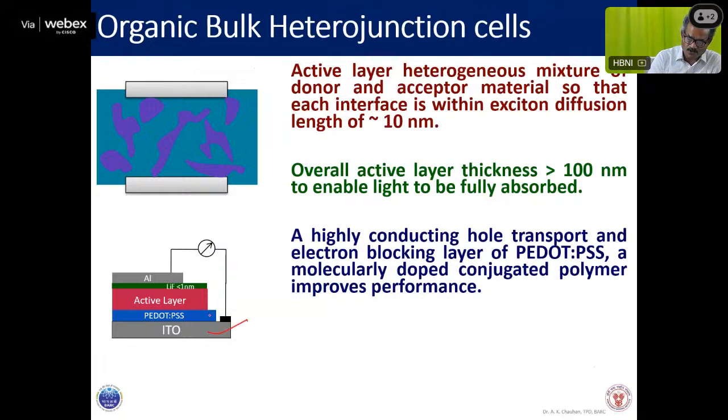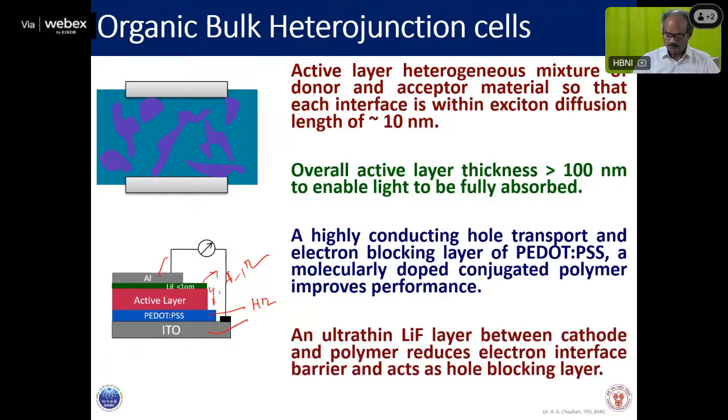On that ITO, you put a thin layer of HTL, then about a 100 nanometer layer of the active layer, blended P3HT:PCBM, then a very thin layer of electron transporting layer, that is ETL, and then a back contact of aluminum, because the aluminum level matches with the level of the acceptor of that assembly. And then I have a function also, like I showed yesterday, that will clear it up.